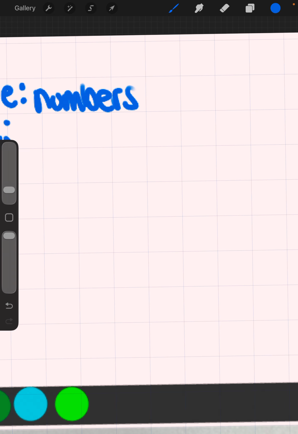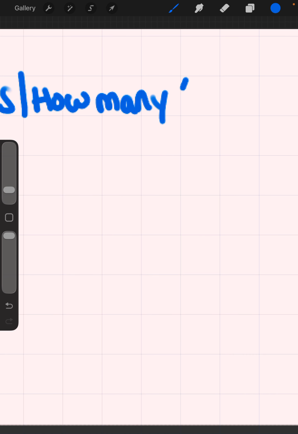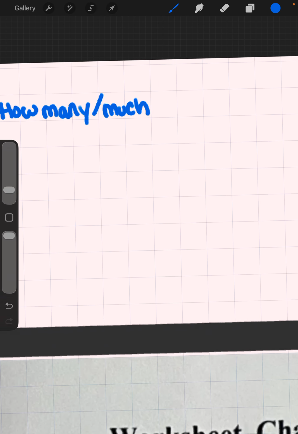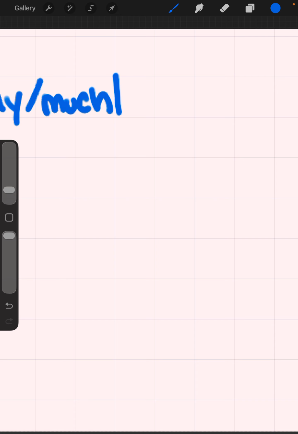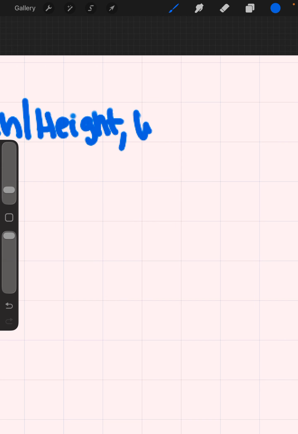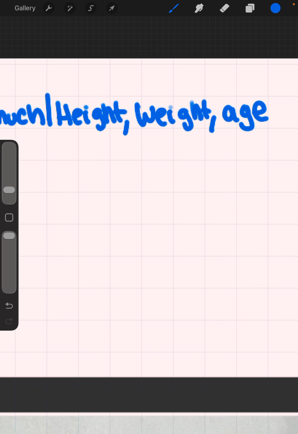They're gonna ask you how many and how much. And this could be about height, weight, or age. These are some examples.